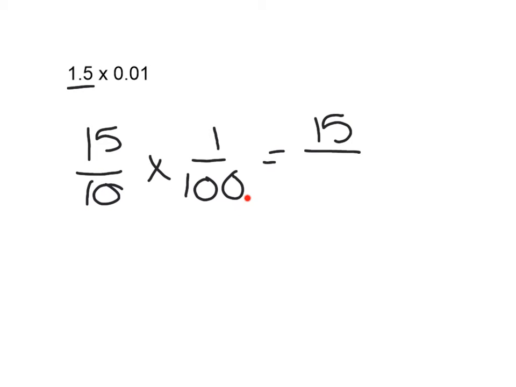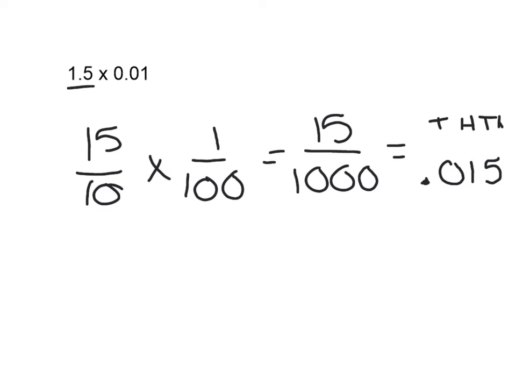And 10 times 100, and we get 1,000. So my answer is 15/1,000. So if I put my decimal, I have tenths, hundredths, thousandths. So the 5 is going to go in the thousandths place, the 1 in the hundredths place, and a 0 in the tenths place. So I have 15 thousandths as my answer.